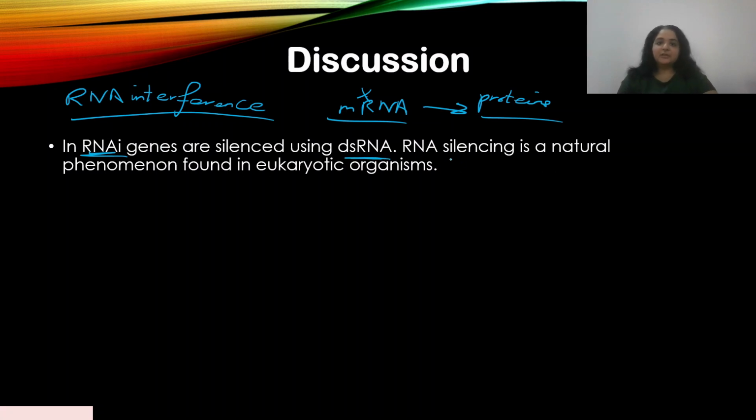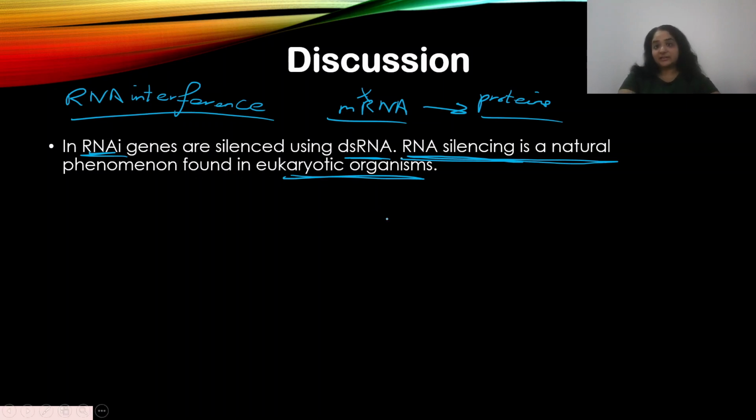Now, usually RNA silencing was found to be a very natural phenomenon that occurred in eukaryotic organisms. Okay, it was a form of cellular defense to protect itself. It destroyed mRNA that it didn't want. So that was a form of defense for the eukaryotic organism.